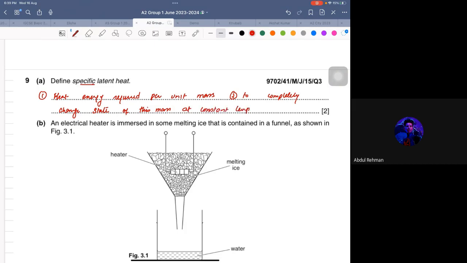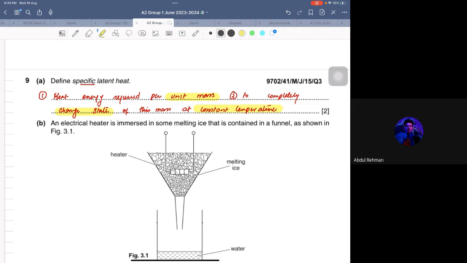Now, I would like to tell you the two keywords in this definition. Number one, when you write per unit mass, this is for the first mark, and the other is to change the state at constant temperature, because whenever state is going to change, it will be at constant temperature.